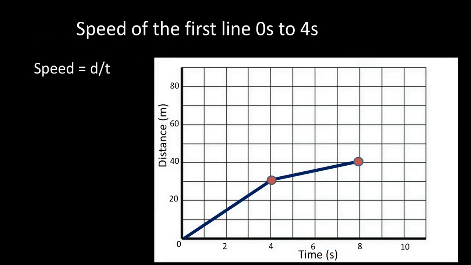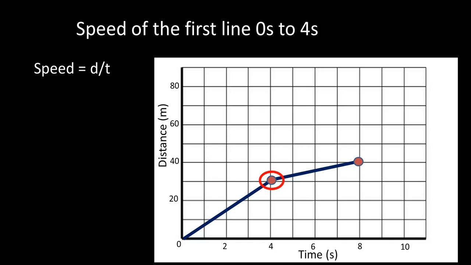Here's another situation where we have a line graph, but the line shows that the car, I guess, is going 2 different speeds. So first we're going to find the speed of the beginning of the trip from 0 seconds to 4 seconds.